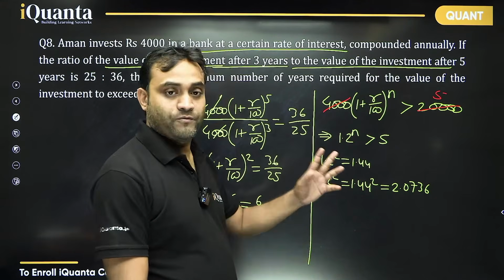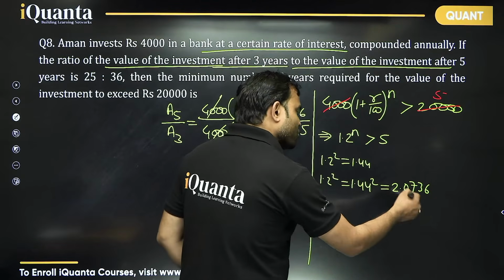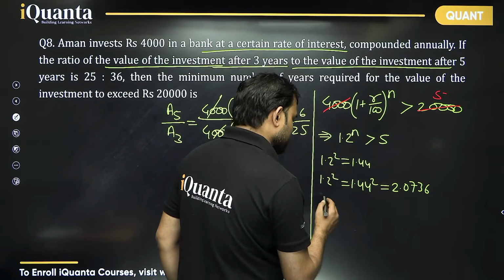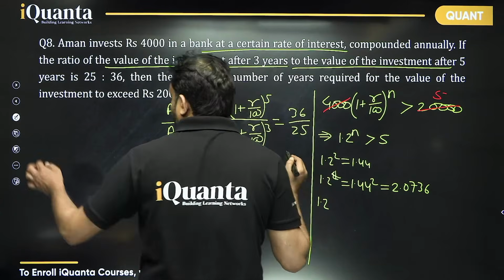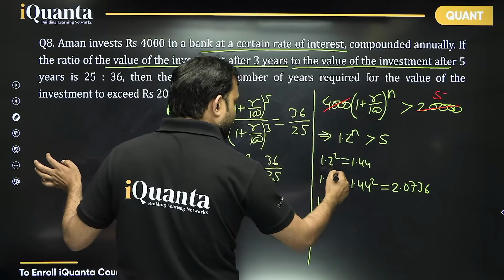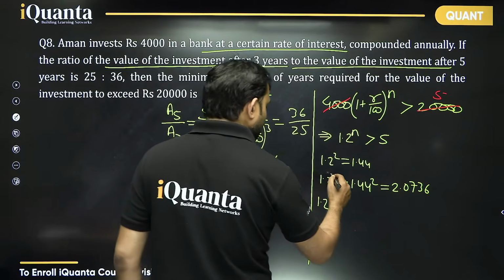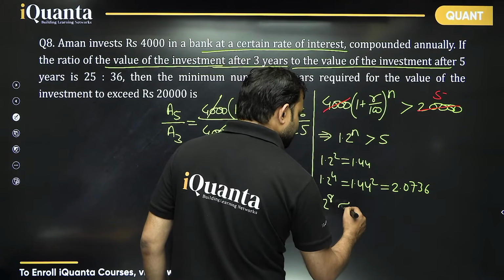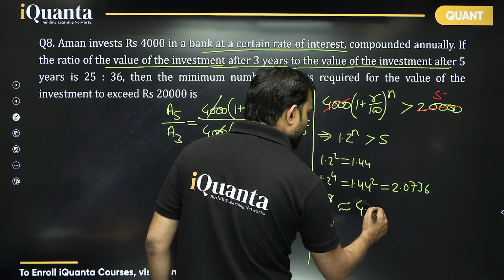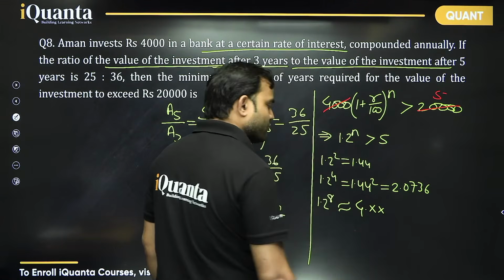Okay, there is a way for that. Now if I take square of this, can I say this will be 1.2 to the power 8, not square, it's 1.44 square. So 1.2 to the power 8 will be somewhere close to 4 point something, right? 4 point something.